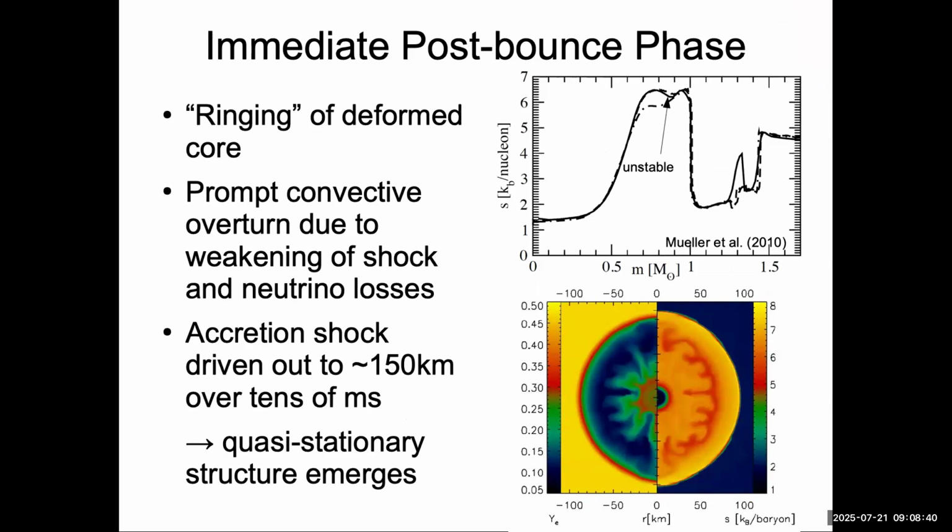That's this phase that we know as prompt convective overturn. That is something that is not insubstantially sensitive to some of the microphysics that you're using during this phase. So the transport treatment that you're using, the initial entropy profile that you set during the collapse and bounce phase, is something that will generate a signal component of the gravitational waves that some people have actually asked me about before the meeting.